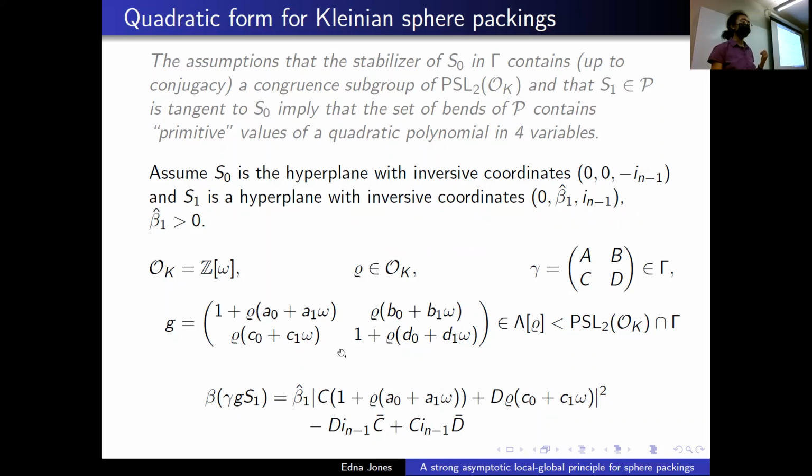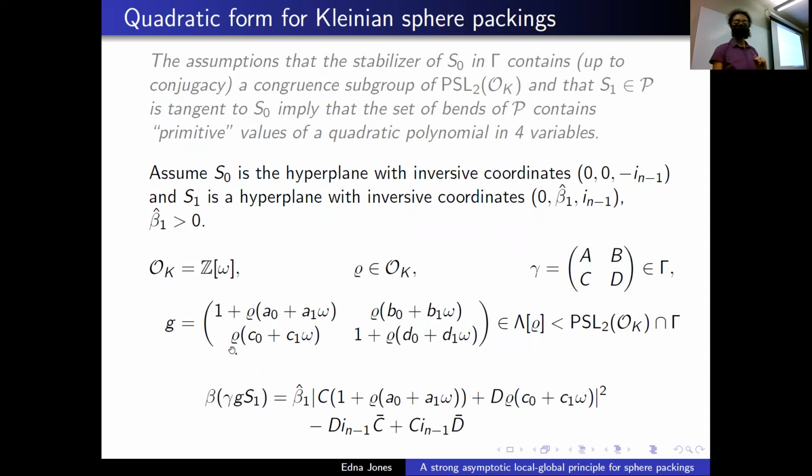It suffices that these two elements are coprime in order to find a matrix in my matrix group.